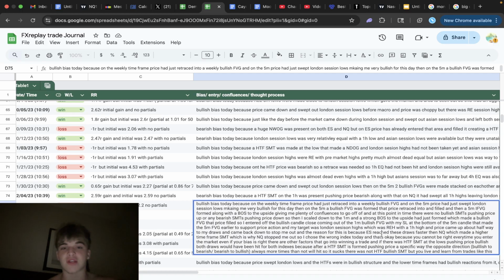So if I'm bullish and there's London session highs, Asian session highs, and they're relatively equal, close together, I'm entering on both indexes because there's a high time frame SMT at the lows, and vice versa.